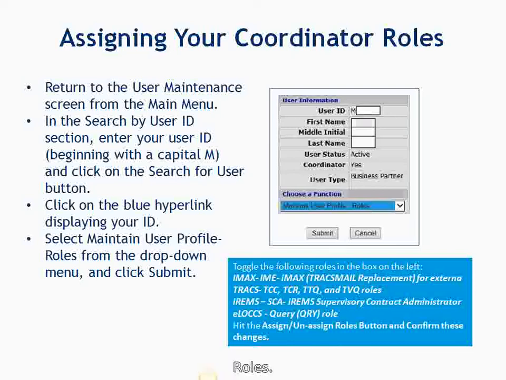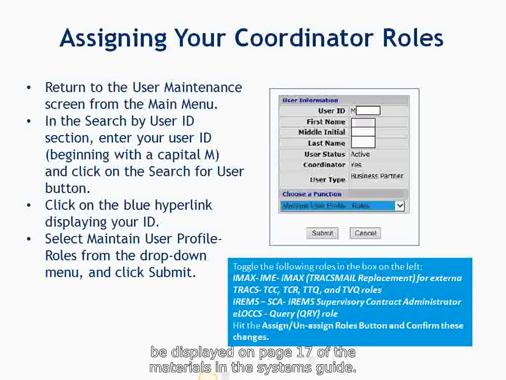And instead of it just being toggling the coordinator role on these, you're going to actually toggle some very specific roles that I have in the blue box on the screen here. Those same roles are going to also be displayed on page 17 of the materials in the systems guide.